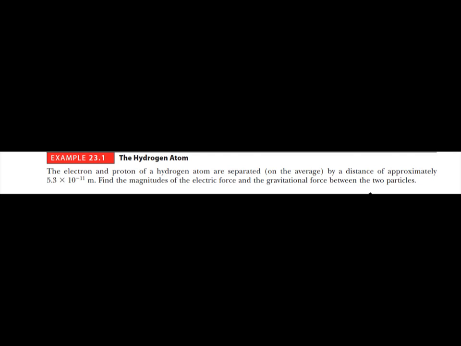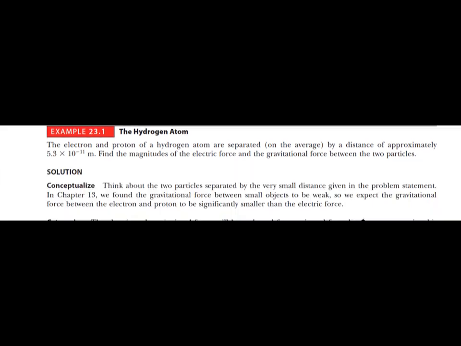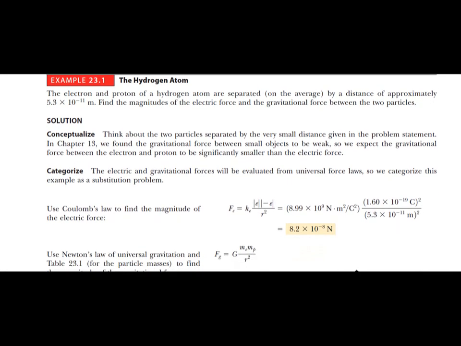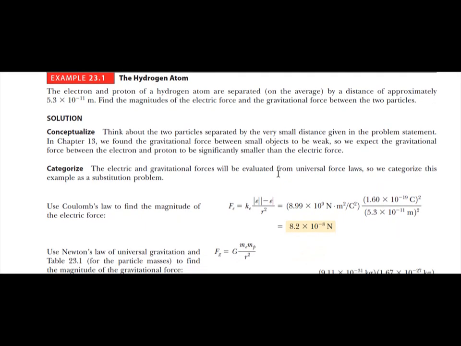Okay, after working it out, this is the solution to the question, and these are the formulae that you use. Think about the two particles separated by the very small distance given in the problem statement. Already we've said the force between them when you talk about their masses is G m m over r squared.